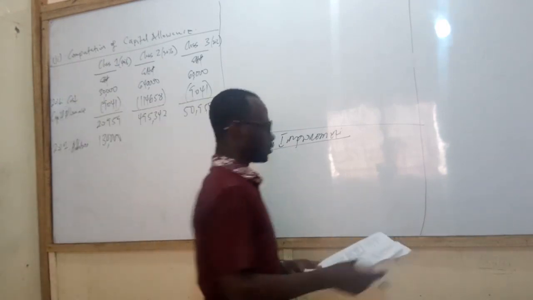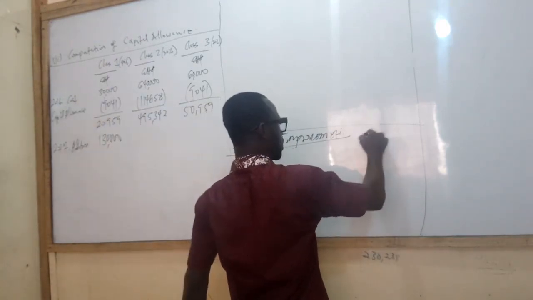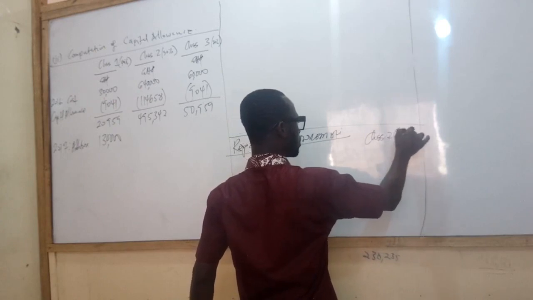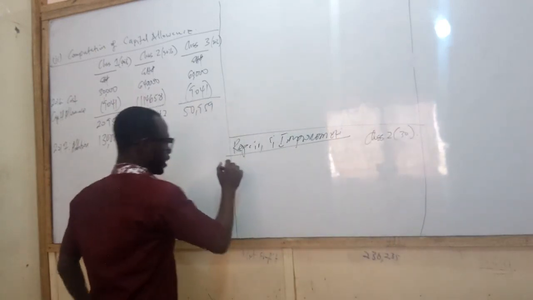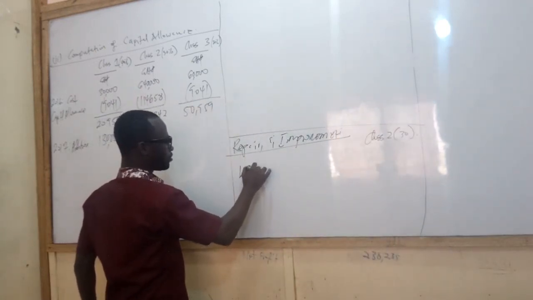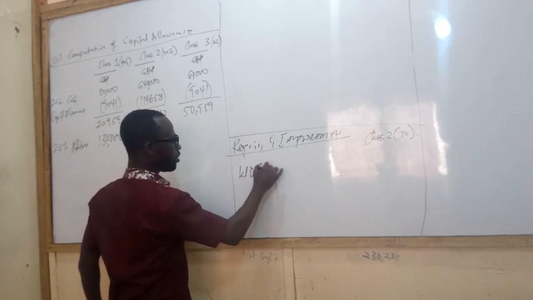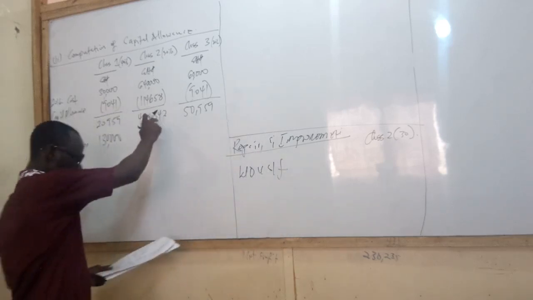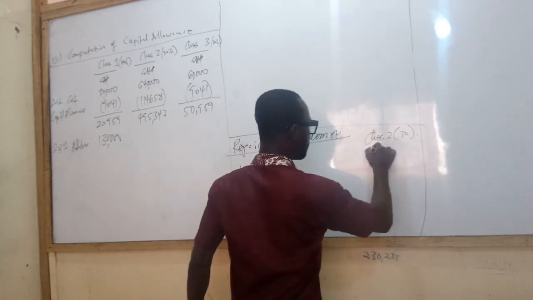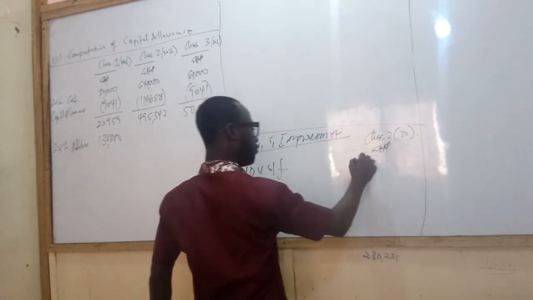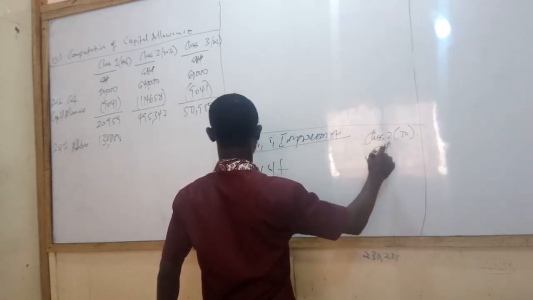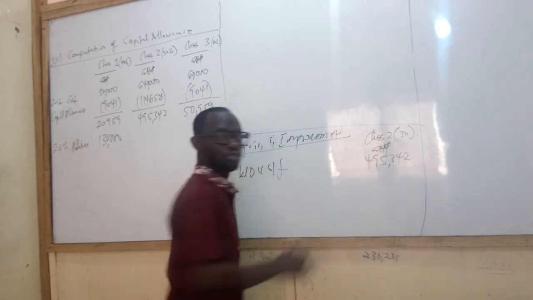So what do we do? Remember, there's a class 2 asset we call in here, and so it's 30%. Then the written down value brought forward. This figure was going to be bringing up here, 495,342, right?